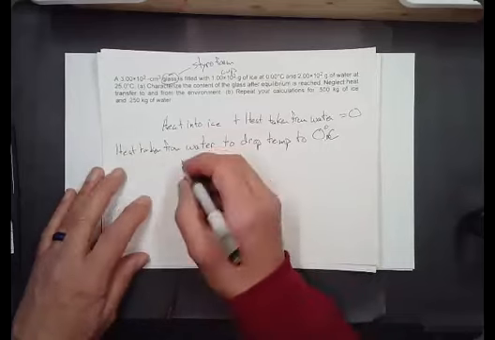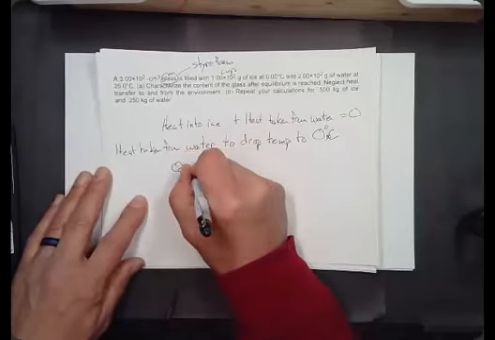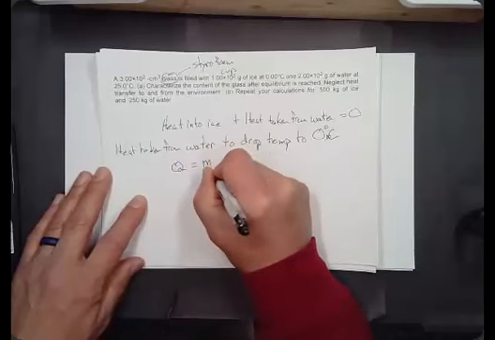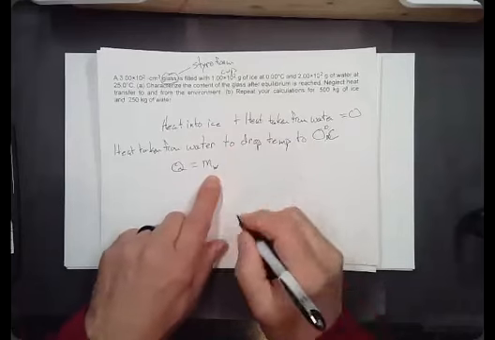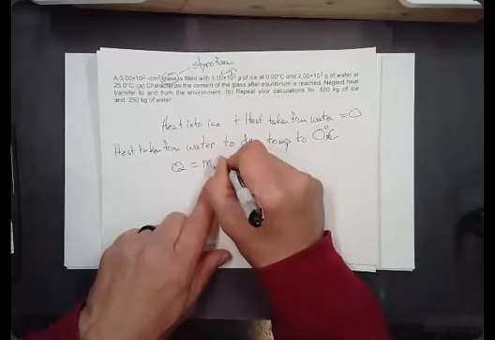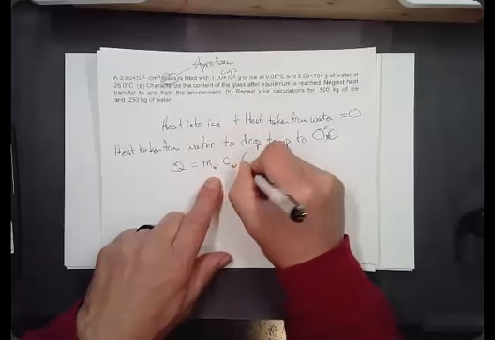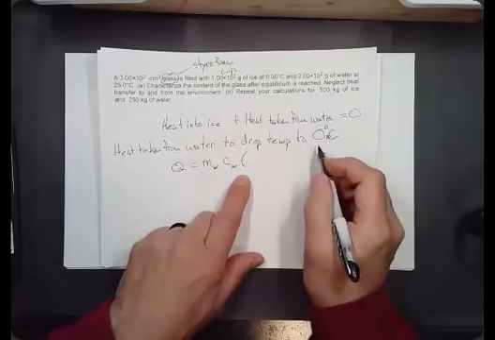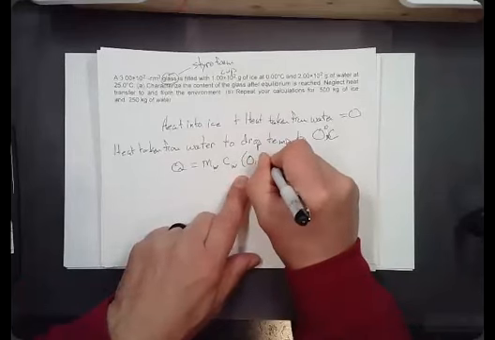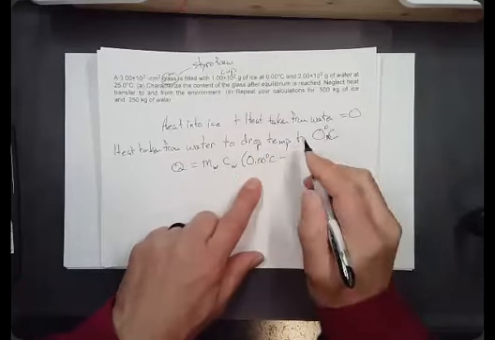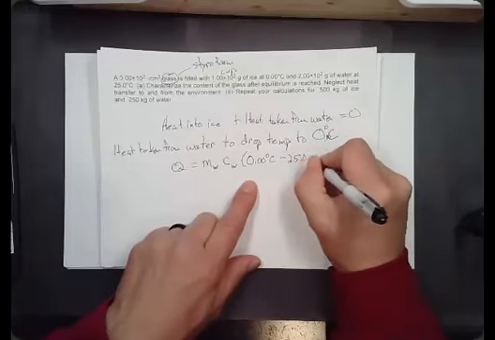Now I'll try to remember to write big so you can see it. Well, I would take the heat that would go from it would equal the mass of the, I'm going to use M sub W for water, times the specific heat of the water times the temperature. Final temperature is going to be 0.00 degrees Celsius, and the initial temperature is 25.0 degrees Celsius.